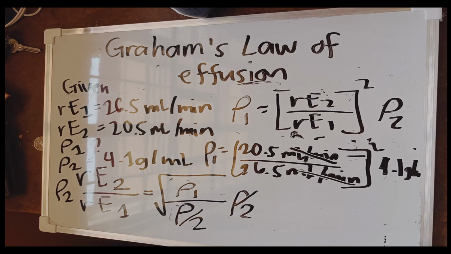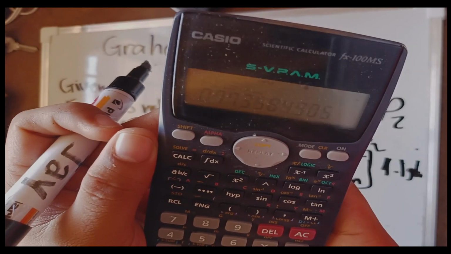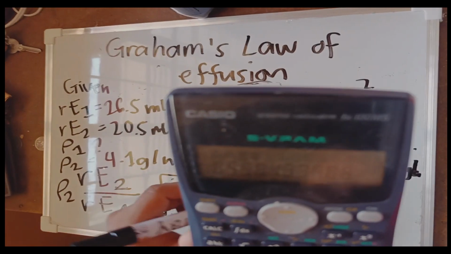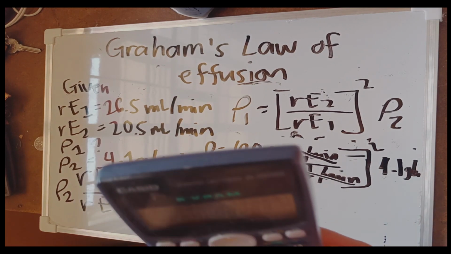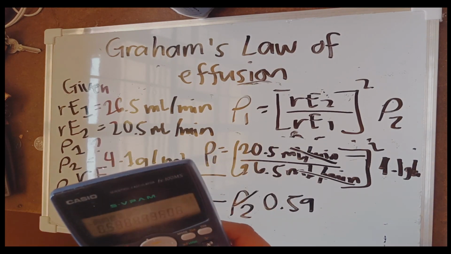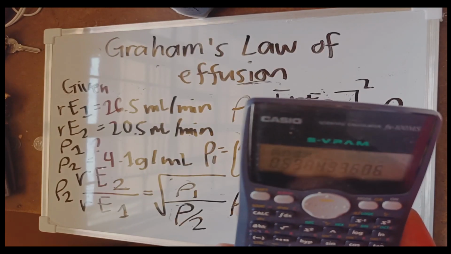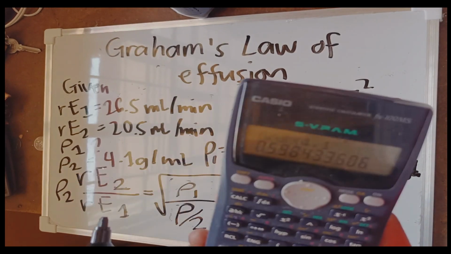Then square them, use your calculator, click squared, and then you'll be having 0.59 and so on. Or you can directly multiply by 4.1.